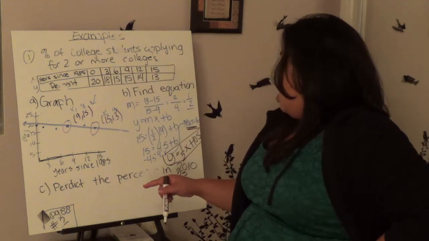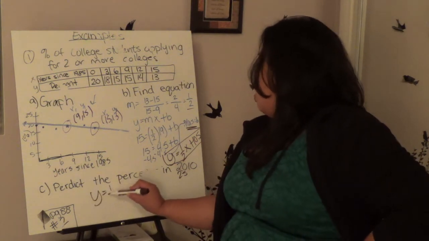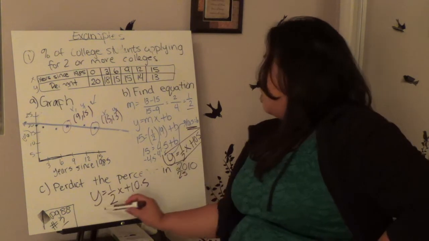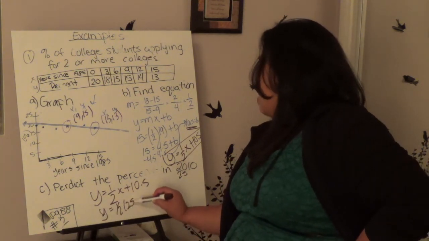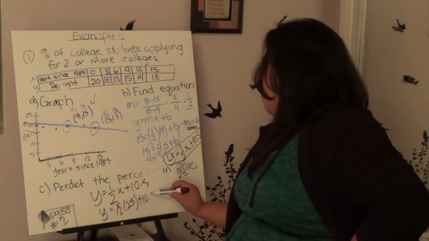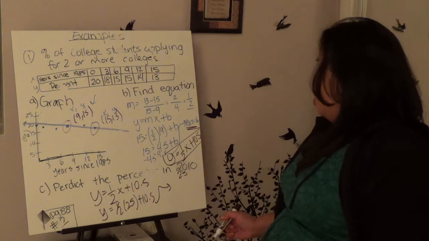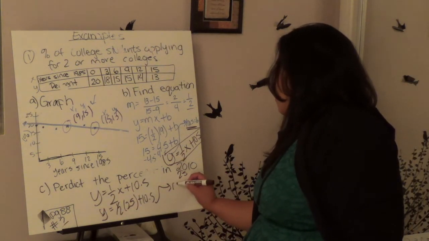So here we go. Our equation again is y equals 1/2 x plus 10.5. I'm going to plug in 25. So y equals 1/2 of 25 plus 10.5. 1/2 of 25 is 12.5.